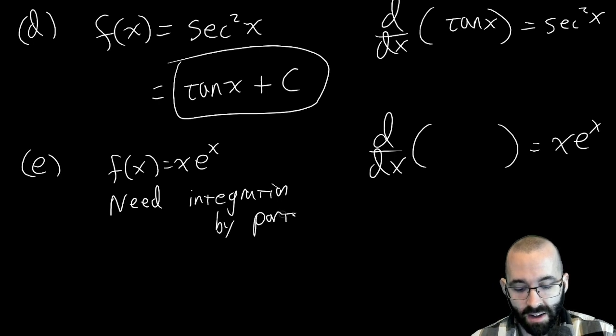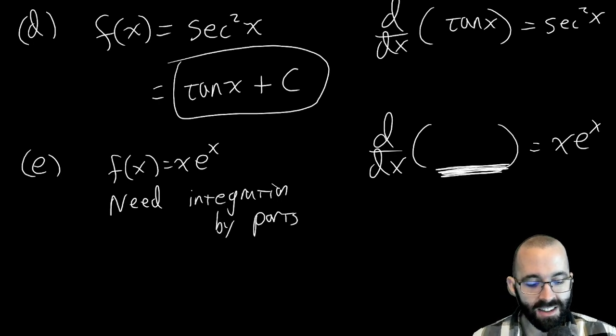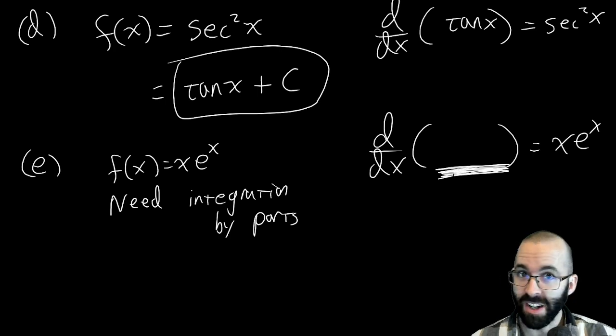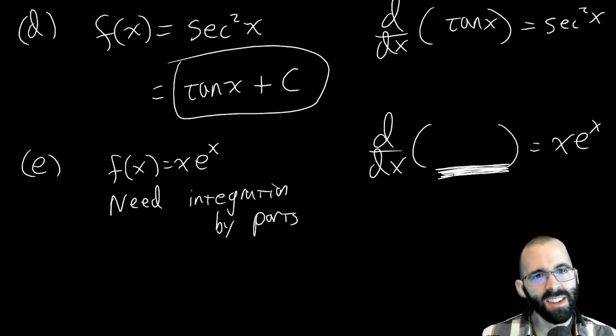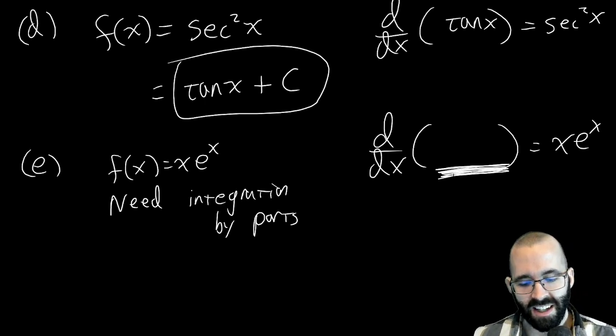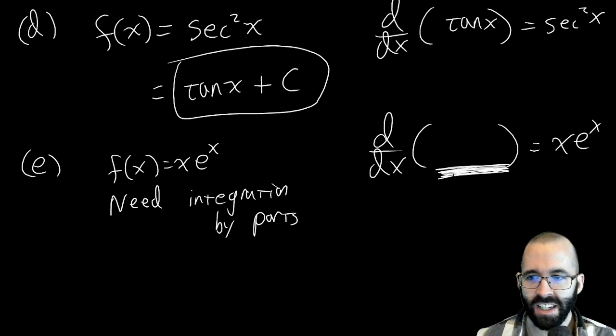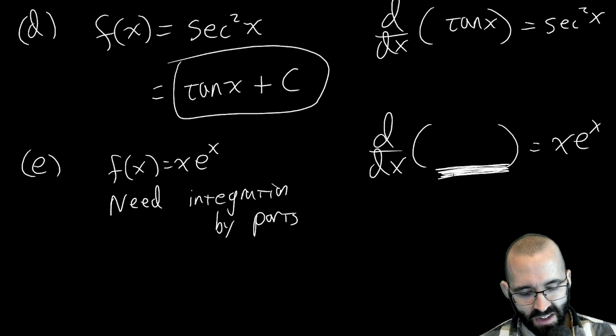And you can try, if you want. I would love to see if you can guess what the answer is. It's pretty hard to guess, but it's definitely possible. Basically, we need something that undoes the product rule, kind of. And that's a little squirrely. We'll get into that in chapter 2 or 3, I don't remember, in this class.